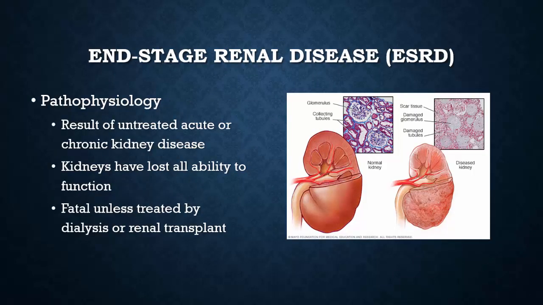End-stage renal disease is going to be the next step past chronic renal disease, and it's going to result from untreated acute or chronic kidney disease. And at this point, the kidneys have lost all ability to function, and there is no reversing of this. The only treatment is going to be dialysis or a kidney transplant.